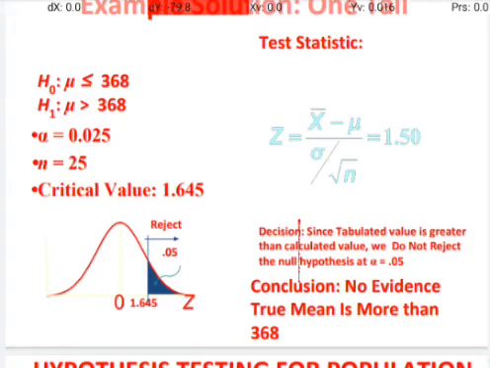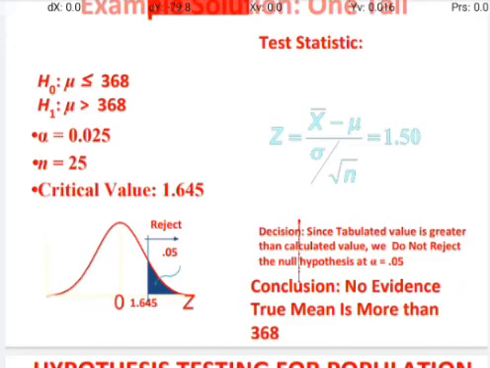Then your mu. The mu here is your population mean, and it is taken to be 368. All over your standard deviation, which here is 15, over the square root of your n.